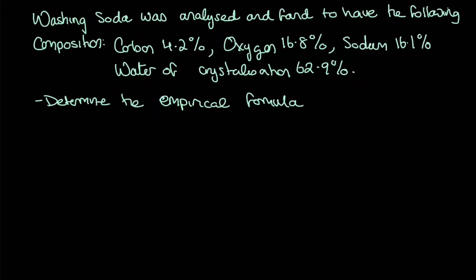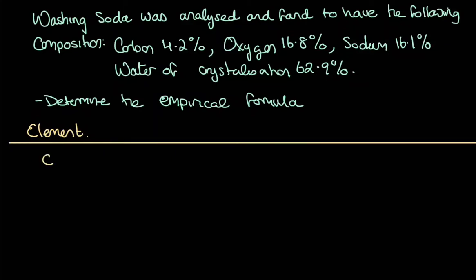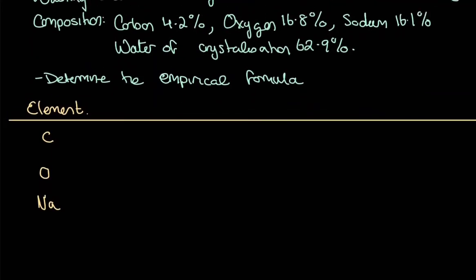So if we write out the elements that we have to deal with, we have carbon, oxygen, sodium, and the water of crystallization, which is going to be H2O. So you keep the H2O together. You treat water of crystallization as one element by itself.